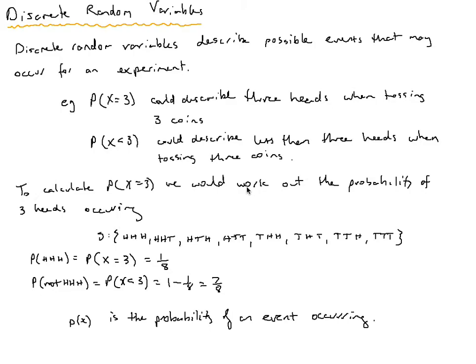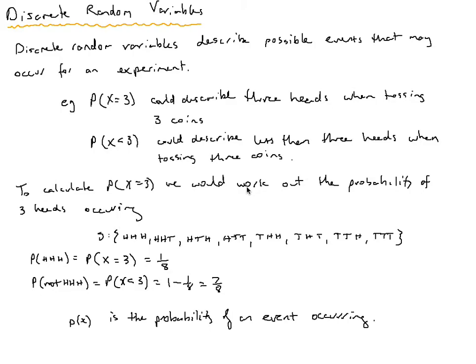So if we have the discrete random variable X, and we're saying that X equals 3 for a coin toss, and we're going to specifically toss a coin 3 times, P(X = 3) could describe 3 heads. It could equally describe 3 tails, but in this case I'm defining X equals 3 to be 3 heads.